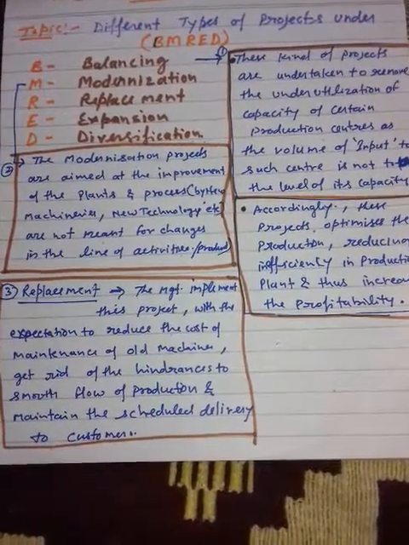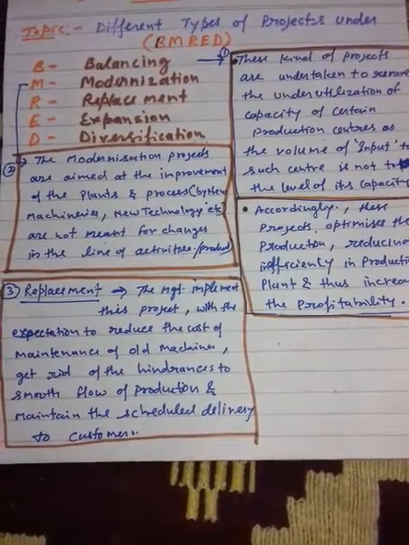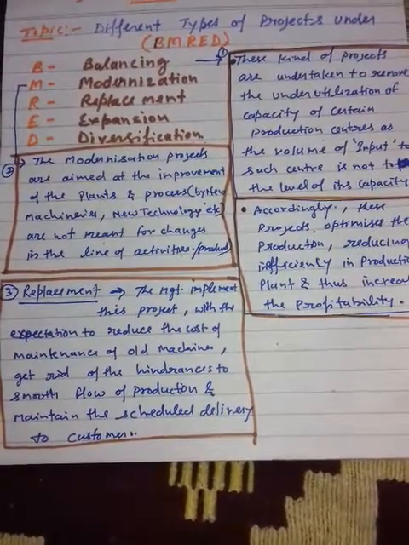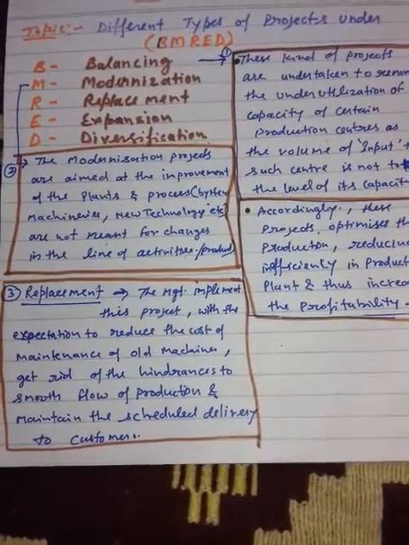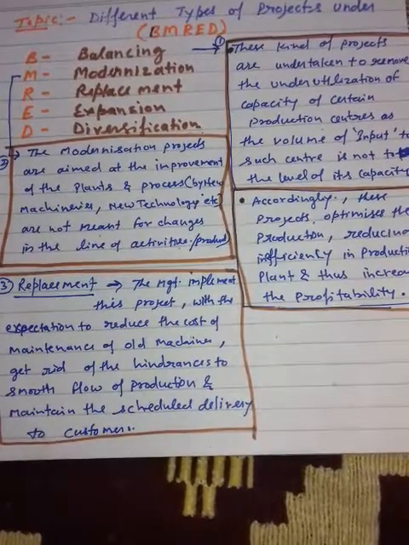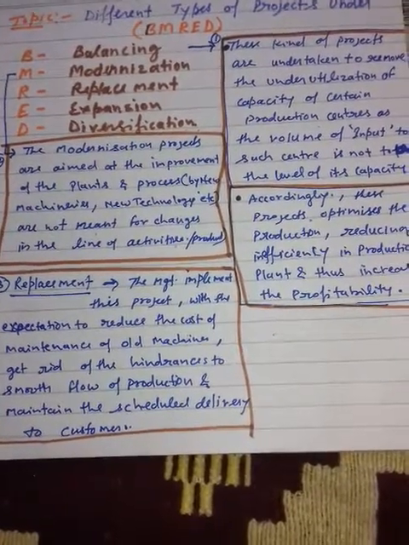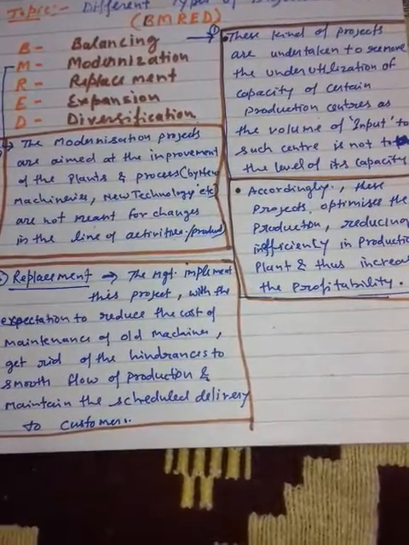Under this situation, the organization looks for installation of capacity in its own plant for the production of such components primarily for its own consumption. A project for installation of capacity to manufacture components like the above for its own consumption is called a balancing project with backward integration.